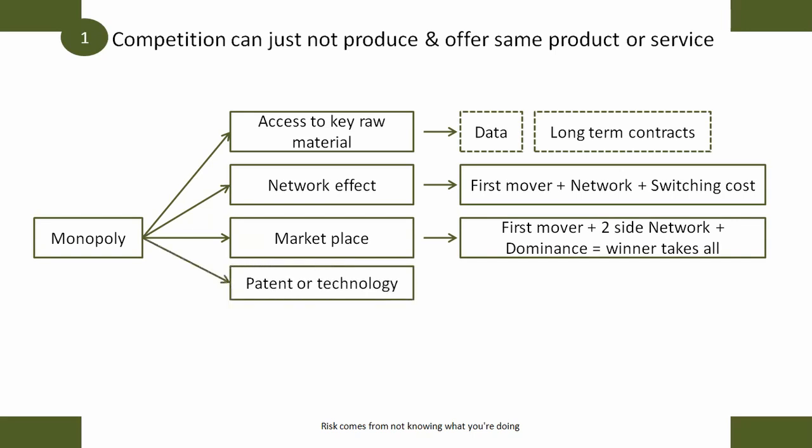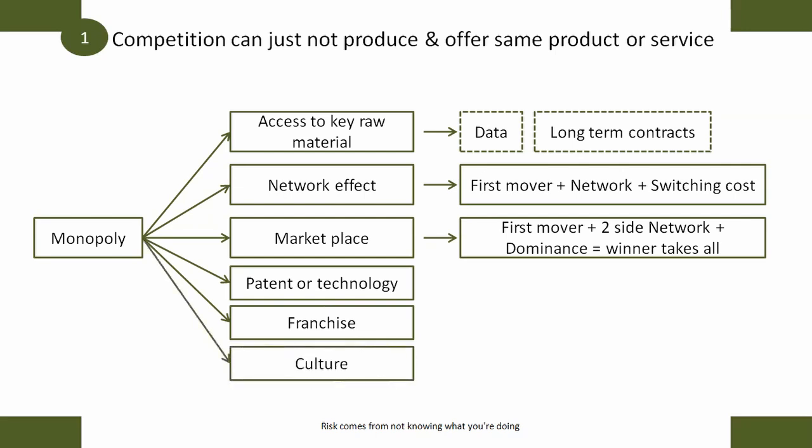Another possibility is the company has a patent or technology which other companies don't have. Or it could be a franchise kind of license, for example Coca-Cola bottler or Pepsi bottler, or McDonald's.